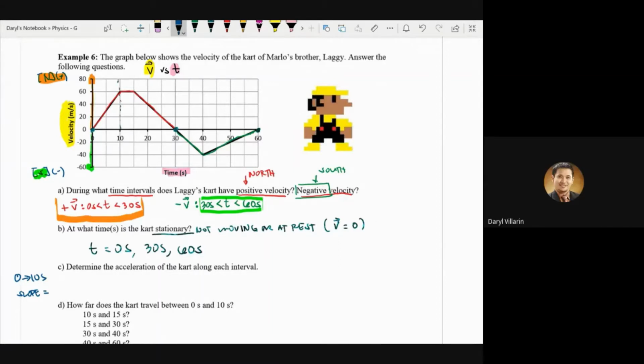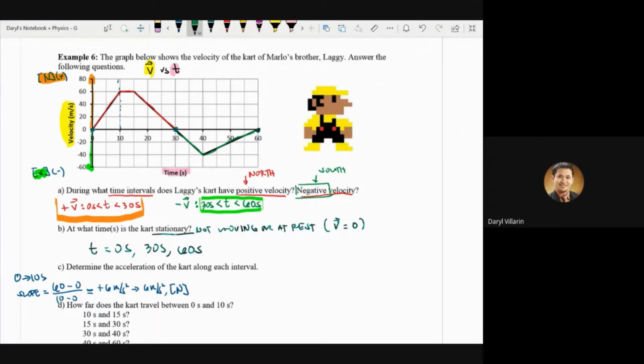So what would be the slope of that? That would be 60 minus 0 all over 10 minus 0. So that would give me an answer of positive 6 meters per second squared. Again, my final answer should be 6 meters per second squared north. Okay, so that is from 0 to 10 seconds.